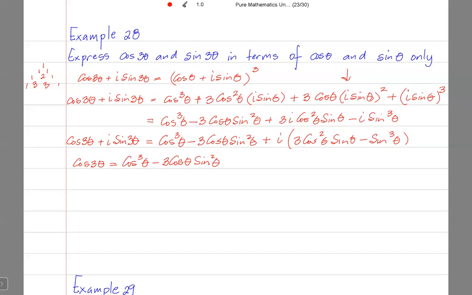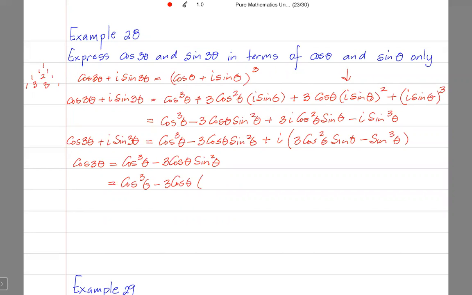Now, the question said you need to write cos 3 theta in terms of cos theta only. So I need to get rid of the sine square.